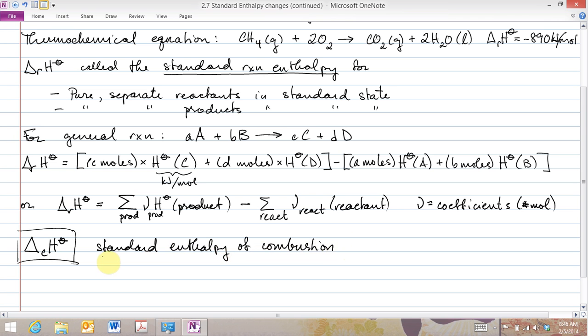And what this is, is the standard change in enthalpy for the combustion of 1 mole of substance.